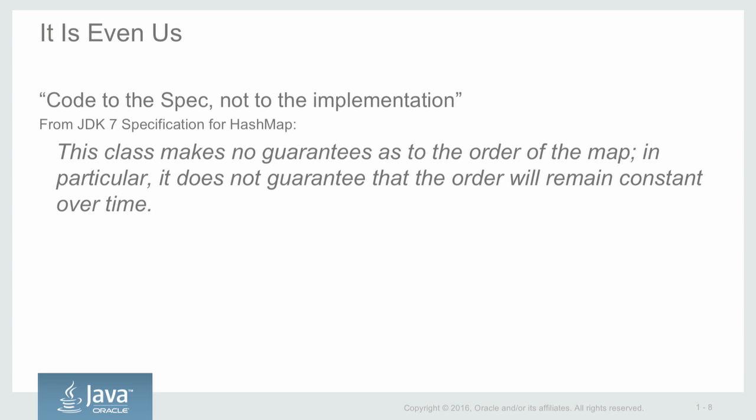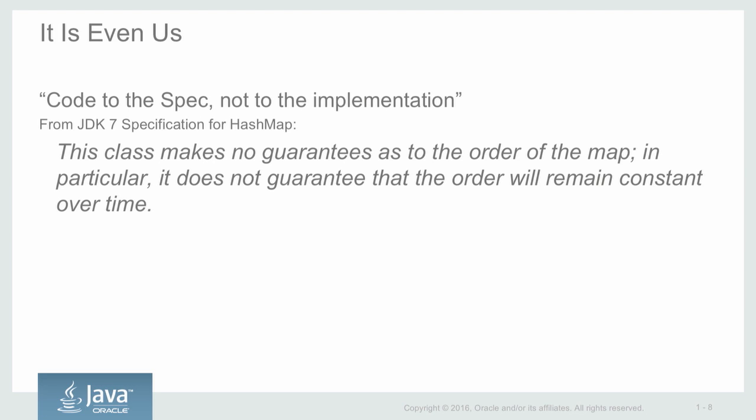If the specification says one thing and the implementation is doing something different, guess what's going to happen? We're going to correct the implementation to match the specification. So this is an example when we're talking about the order of a map. Here, what does it say? It does not guarantee that the order will remain constant over time.